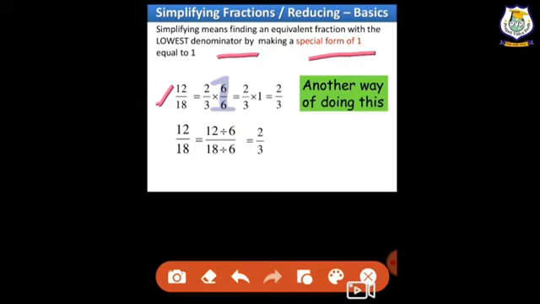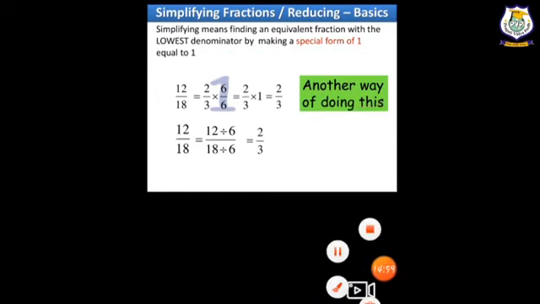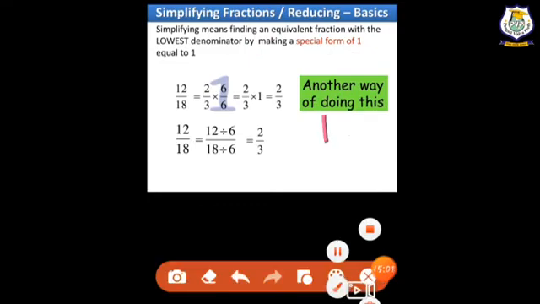So it is divided by 6. Or you can do it like that: 12 divided by 6, you are getting 2, so here it is written 2. Next 18 divided by 6, you are getting 3.